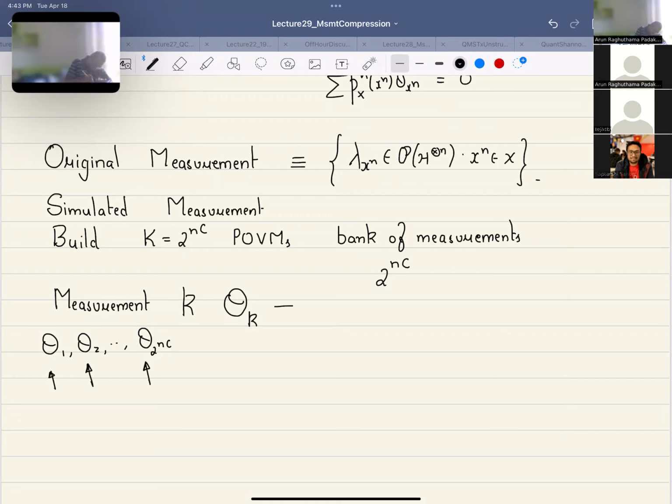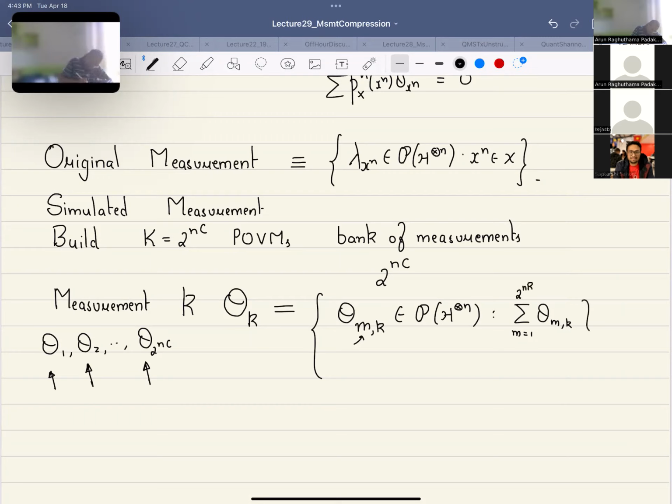So theta_k consists of theta_{m,k}. Each one is a positive operator valued measurement, such that when I sum over m, the number of possibilities for m are your number of outcomes. So there are 2 power nR outcomes.